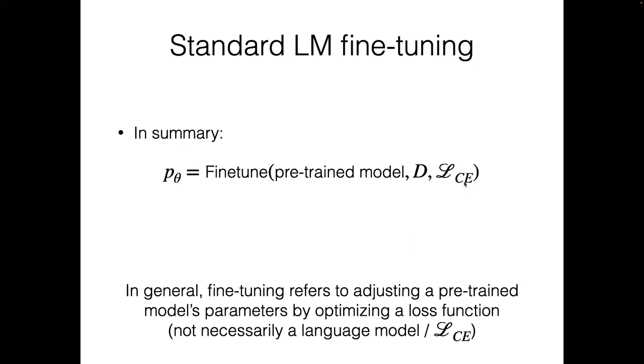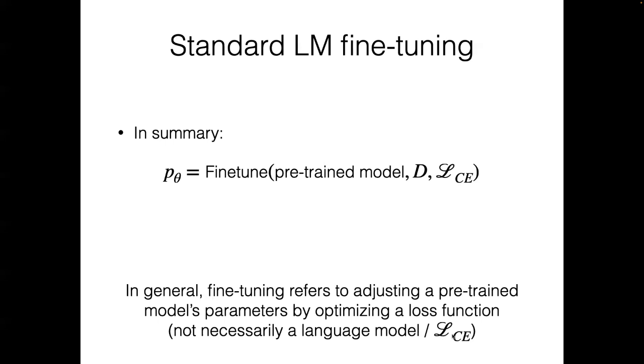use this cross-entropy loss. So although I'll talk about language models a lot because that is the technique that's used widely in natural language processing today, the idea of fine-tuning isn't anything specific to language models. For example, you can fine-tune a BERT model, which is a masked language model.